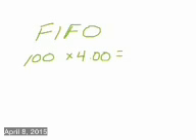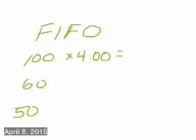Okay? So for number 3, they want first in, first out. First of all, you had 100 packs to sell at $4 each. Then you brought in 60 more, but you have 50 on hand. So of those 60, how many did you sell? If you brought in 60 more and you have 50 left on hand, how many did you actually sell? 10.